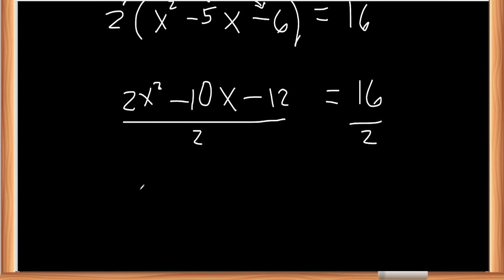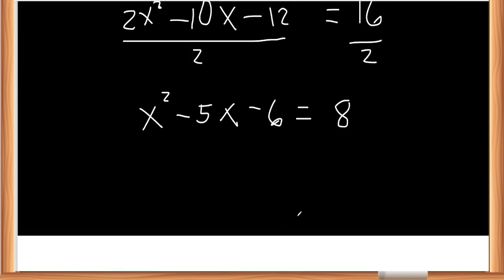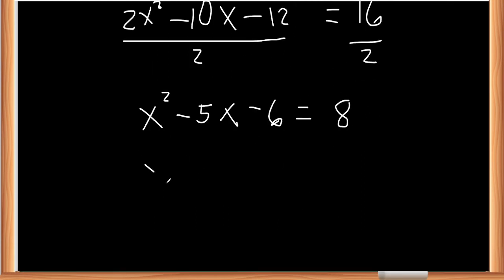So, we have here, x squared. Magiging x squared na lang to. Ito, magiging minus 5x. And then, minus 6 is equal to 8. Meron pa rin yung number dito. Anong gagawin? Lipat natin sa kabila. So, we have x squared minus 5x minus 6 minus 8 is equal to 0.